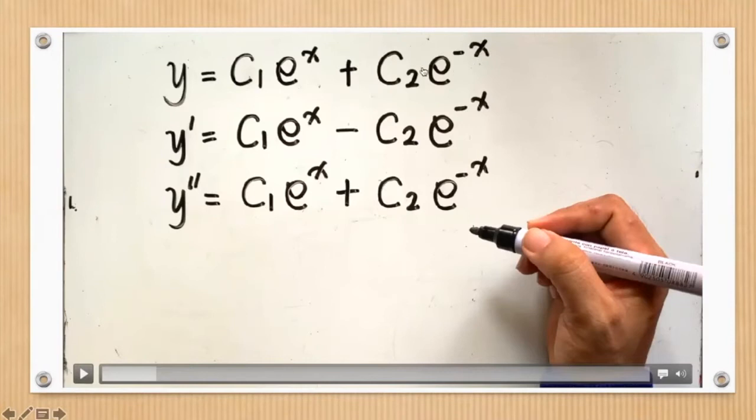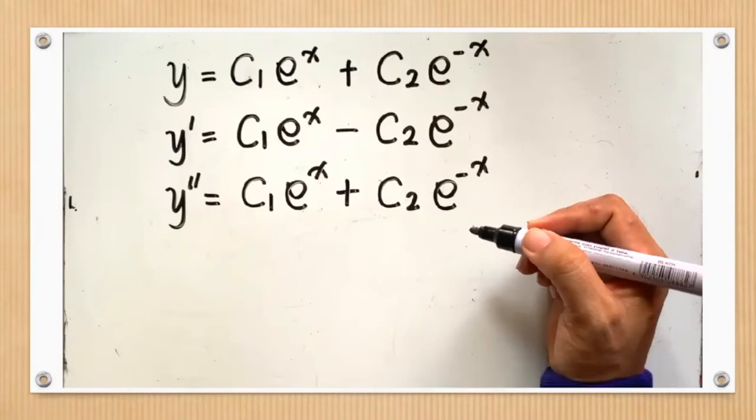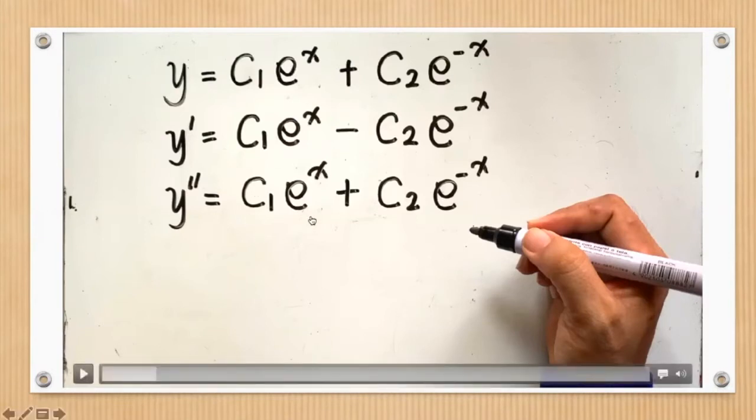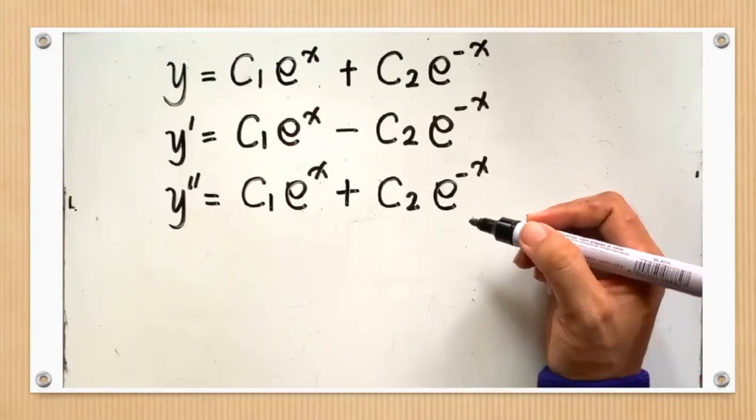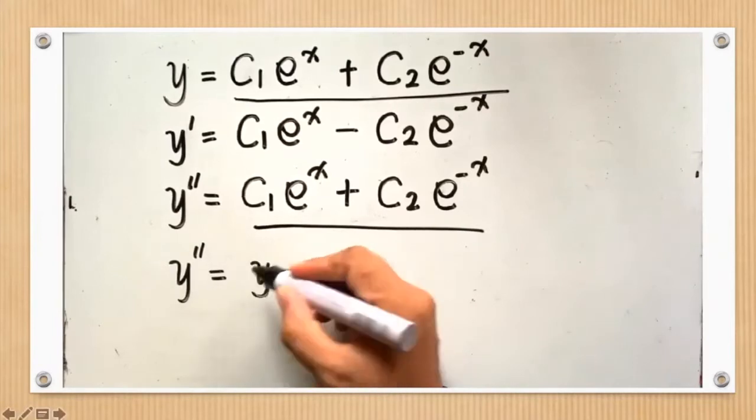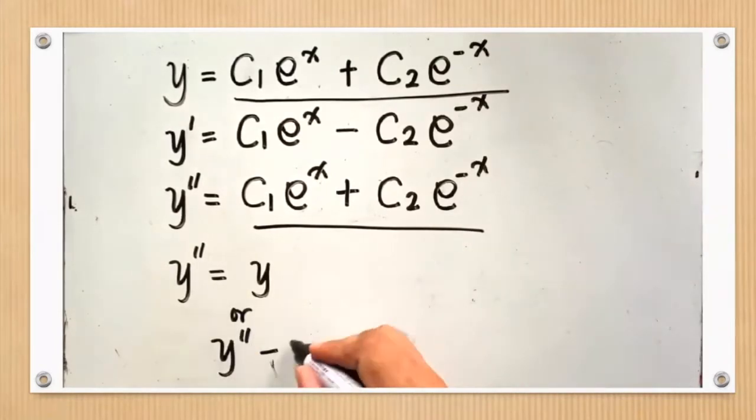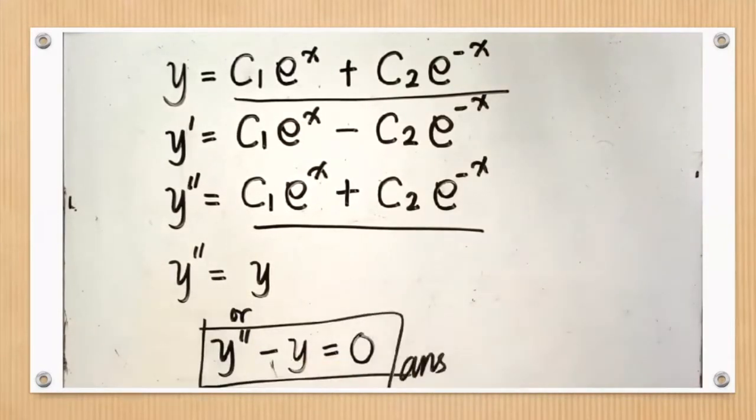Looking at these equations, you can see that the first equation and the last are equal, right? So it means our final answer will be y double prime equals y, or transposing y, we have y double prime minus y equals 0.